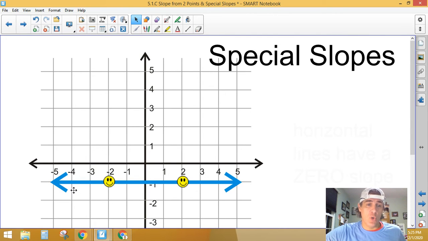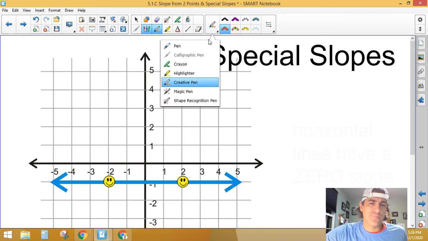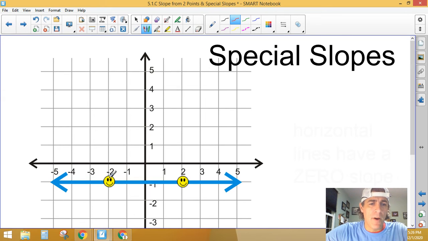This is one special slope. It's a horizontal line. And if I think about this, I know we're back to graphs now, but my rise for a horizontal line, no matter where I put my 2 points, my rise is always 0, and my run is going to be whatever I need it to be.